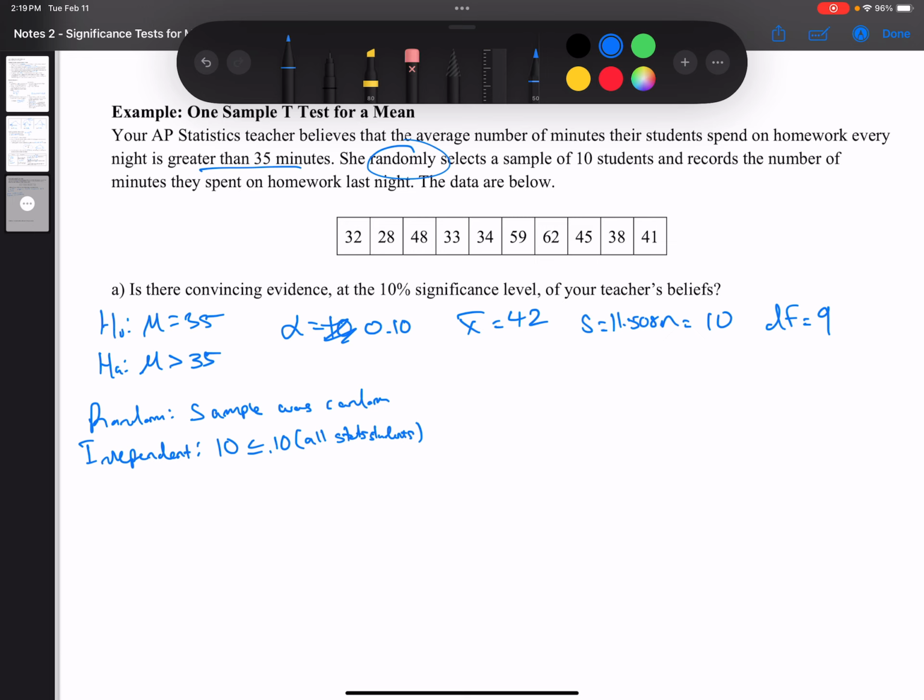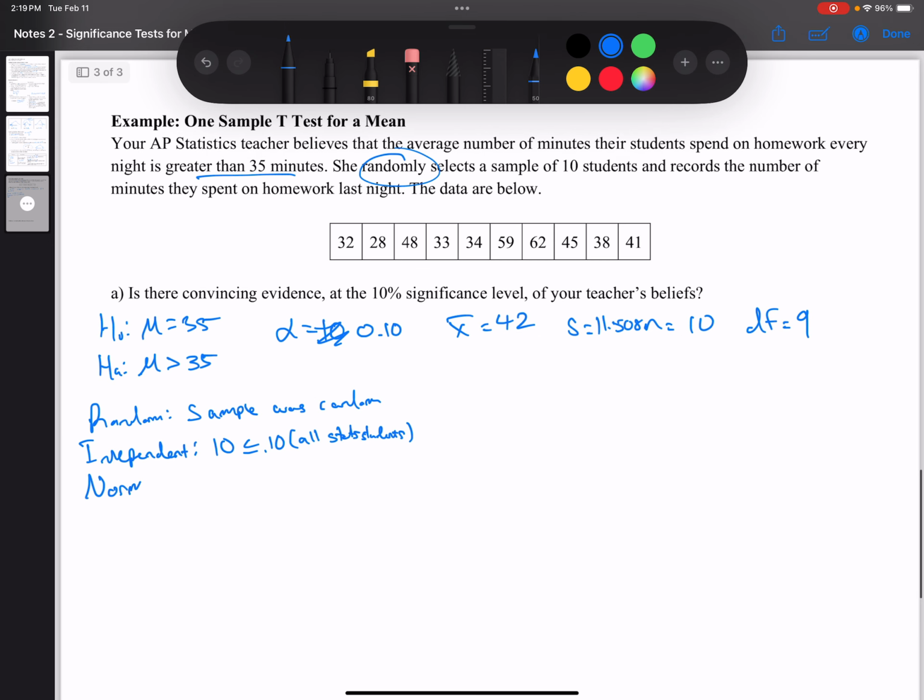I would argue that on a typical high school, they would have more than 100 students, so I would say that's a safe assumption. If you don't agree with that, then make a note of it, and in your conclusion, just state why you think your answers might be a little unreliable, because maybe you disagree with it passing the independent check.